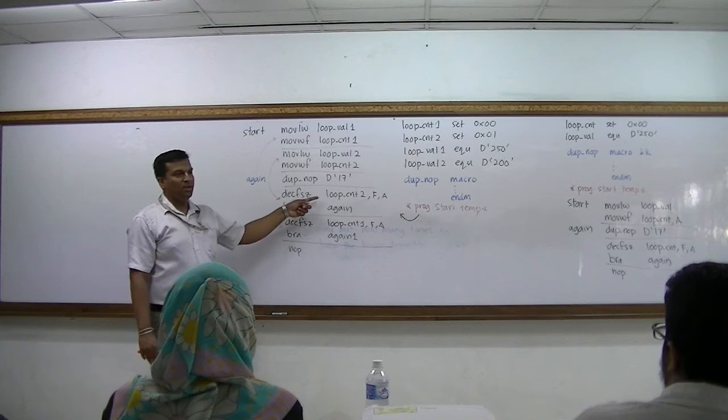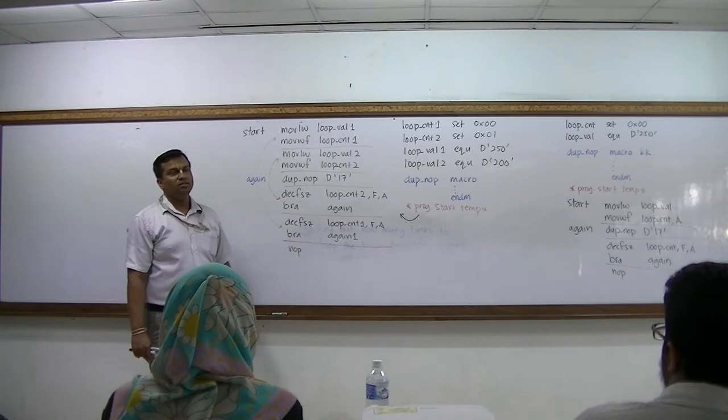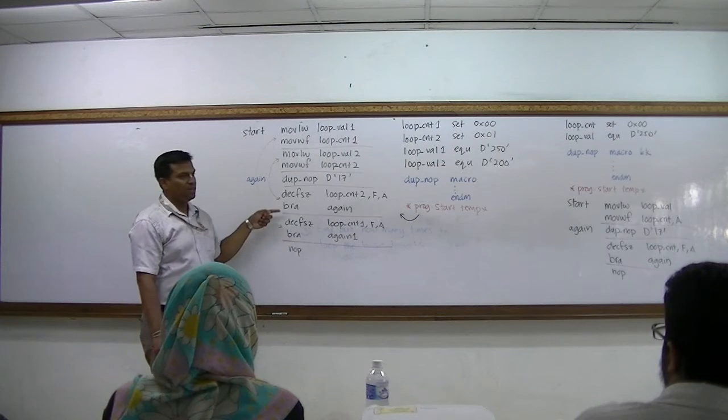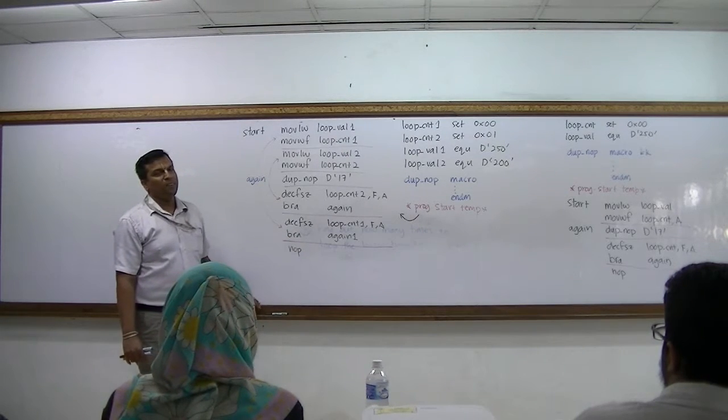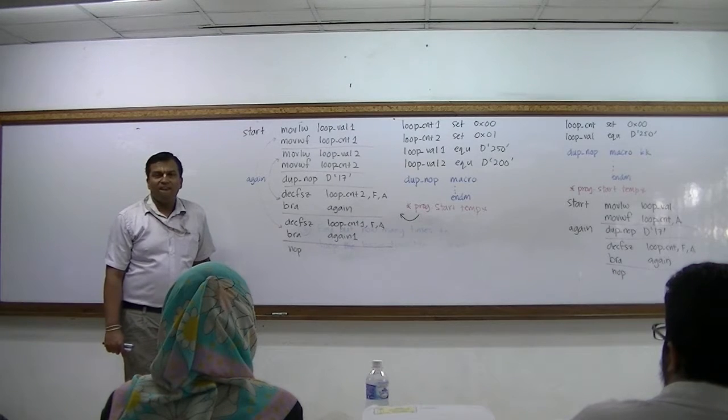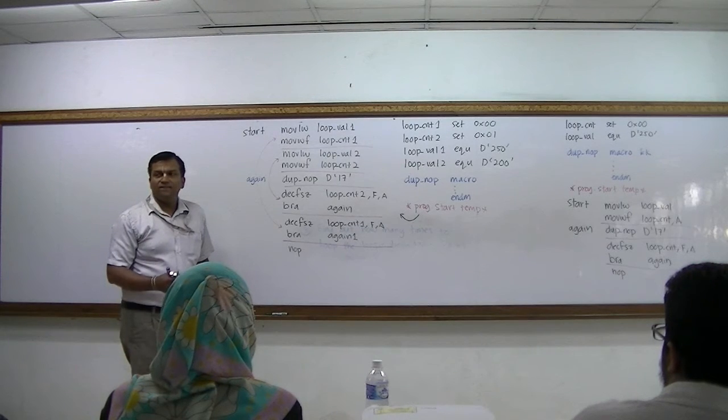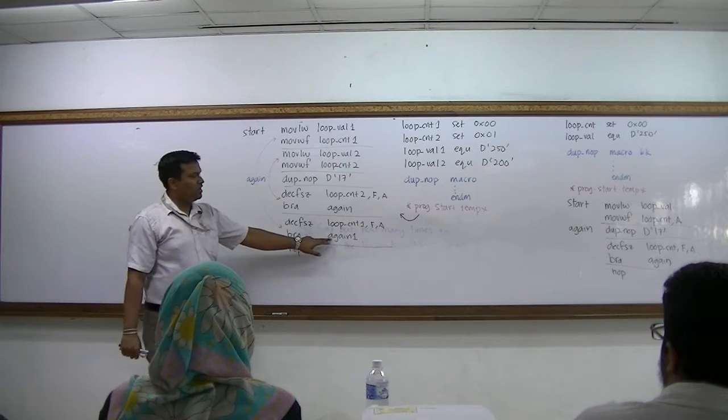After loop count becomes 0, then only it will come here, right? Yes. So where should the branch again go? Where should this one be?